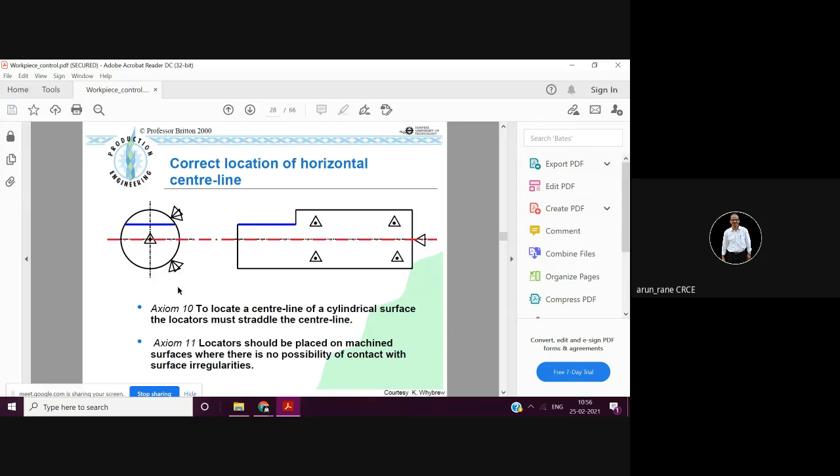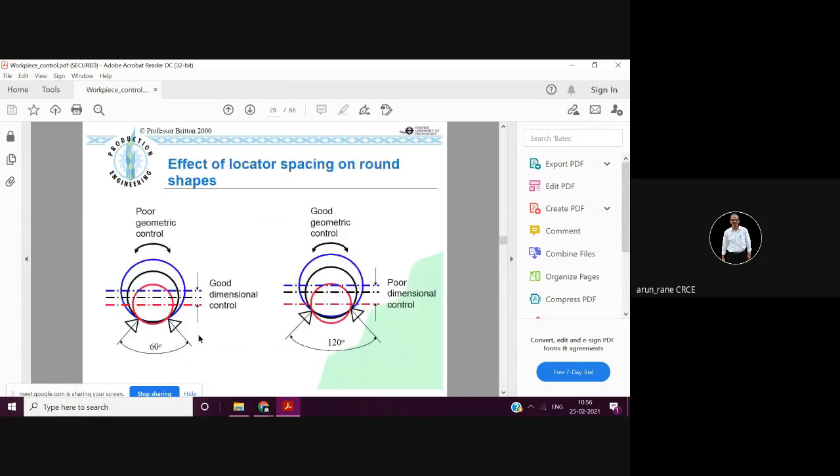There is no other way. This is what is called dimension control, and this is also what is called the center line theory. See, this is what I was telling, how the center line shifts. If the locators are here and there is a variation in the diameter, the center line is going to shift this way.